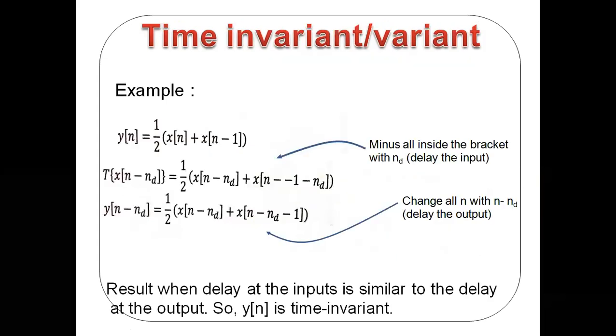Okay, let's have a look at these examples here, a very simple example. We have the equation of the system here, y[n] equals half of x[n] plus x[n minus 1].